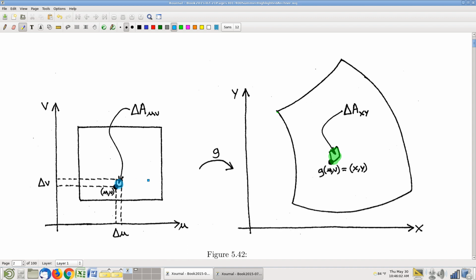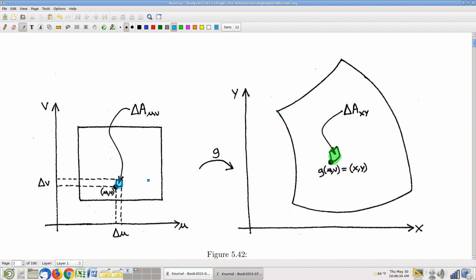This G function, somehow or another, is going to take this little blue area and stretch it out in some way to make this highly different little piece of green area there. So we just need to figure out a stretching factor. Once we figure out our stretching factor, we are home free and we can do the complete pullback of the integral on the xy domain into an integral on the uv domain. So what's that stretching factor?